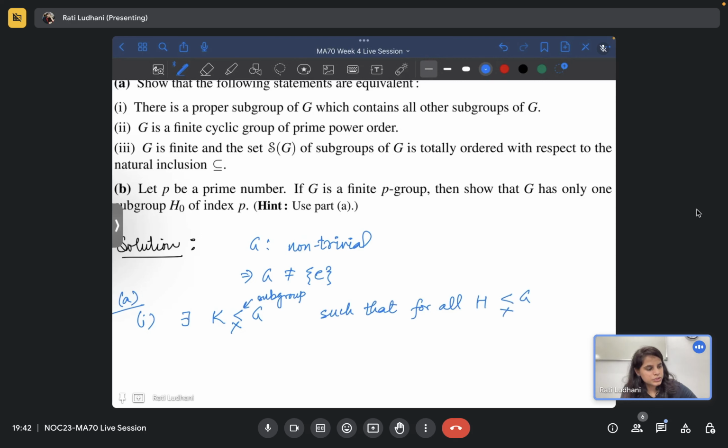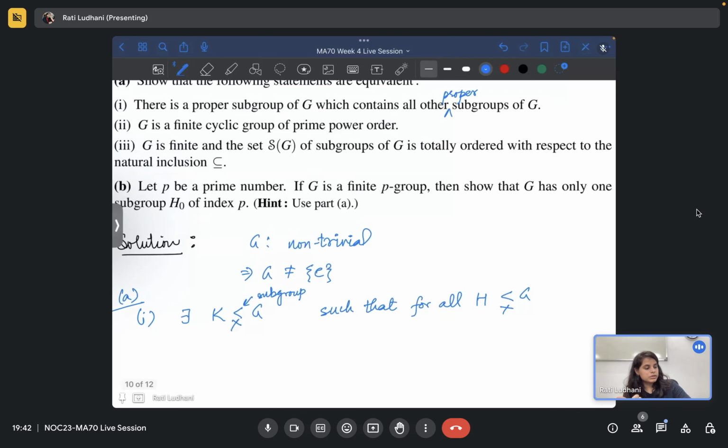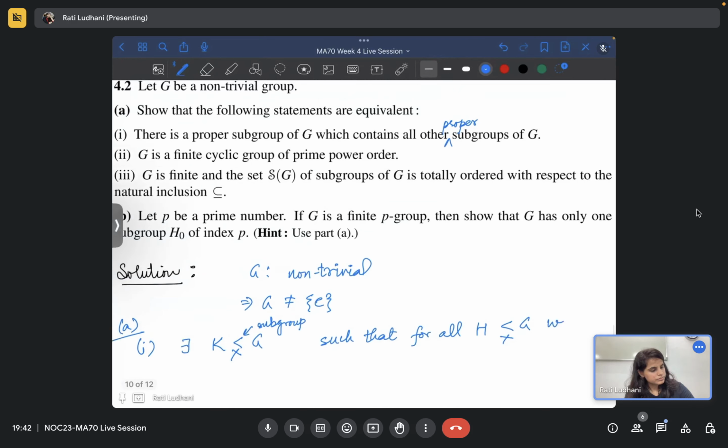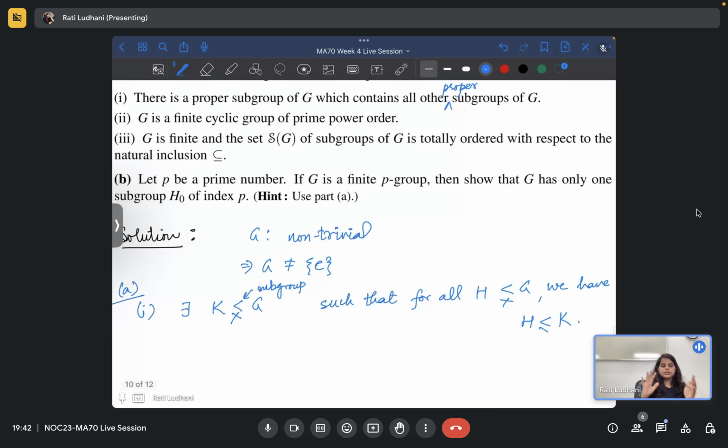We should write this is again proper, don't be confused by that, because K cannot contain G. So such that for all H proper subgroups of G, H is a subgroup of K. Okay, maybe equal.